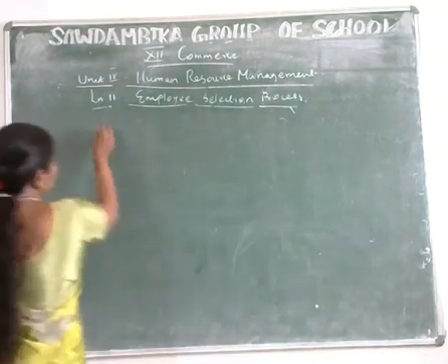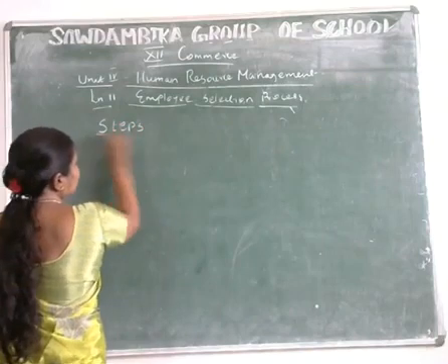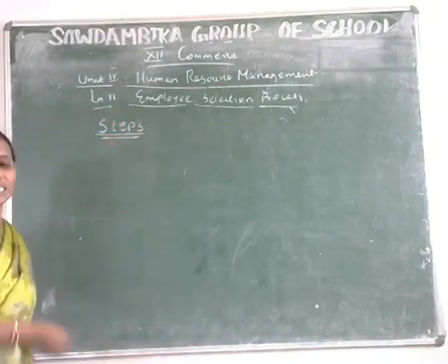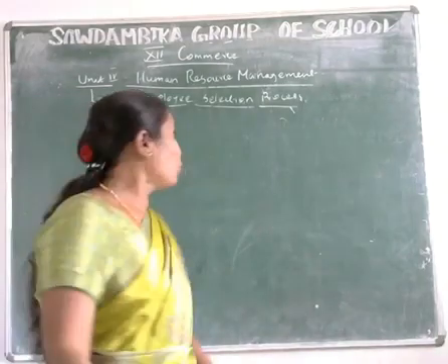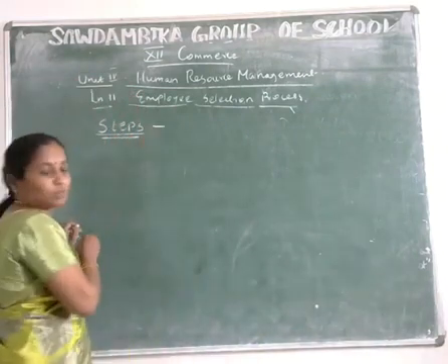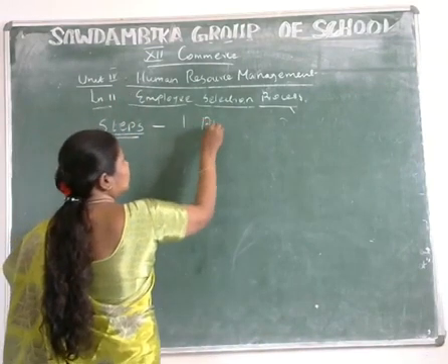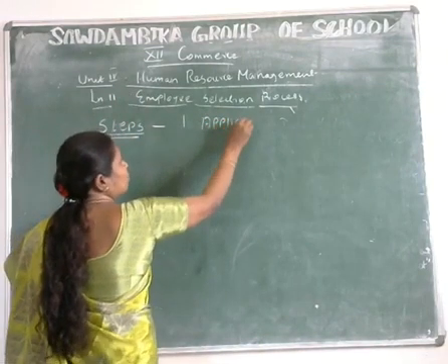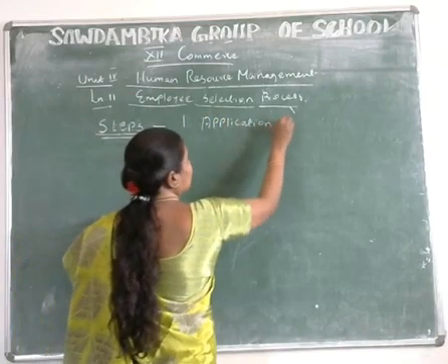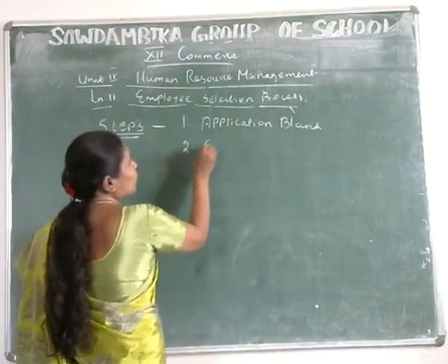And what are the steps in the employee selection process? What is the first step? The first step is the application blank. The second step is scrutinizing the application.